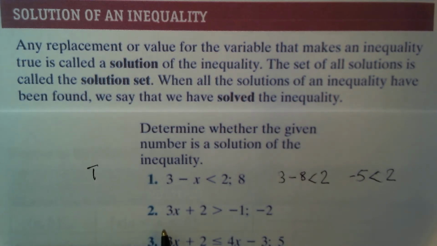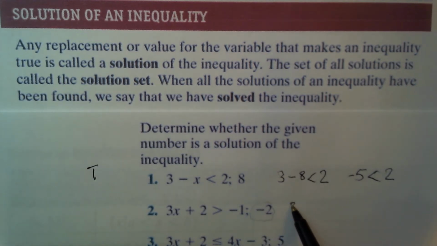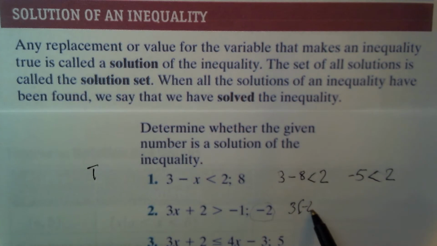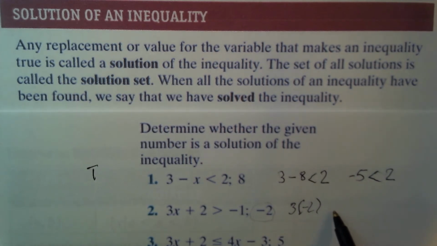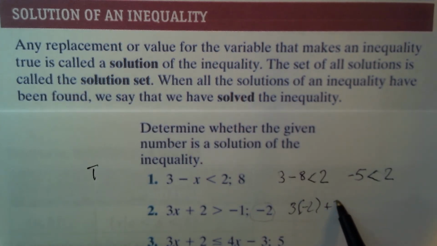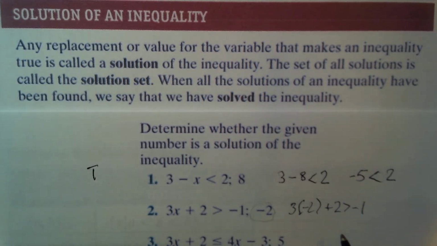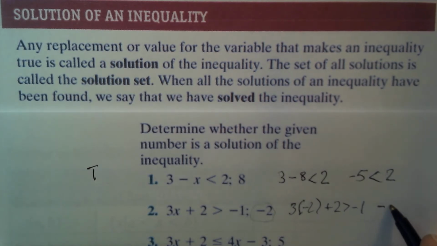Similarly, if we look at the next inequality, 3x plus 2 is greater than negative 1. When we replace x with the number minus 2, we now have 3 times negative 2 plus 2. Is that greater than negative 1? Well, 3 times minus 2 is minus 6.